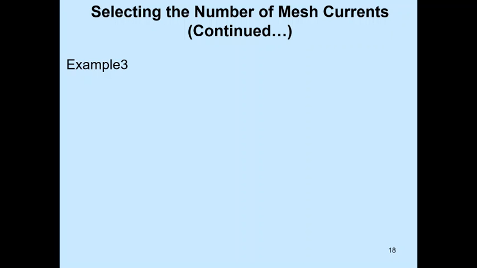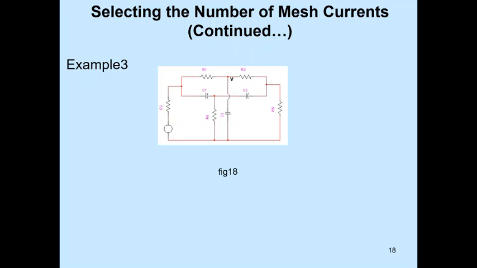So now I am going to take another example. See here, this is the figure. In this, how many branches are there? R3 is one branch, R4 is one branch. Branch 1, branch 2.